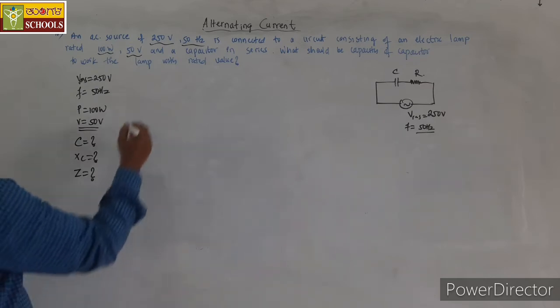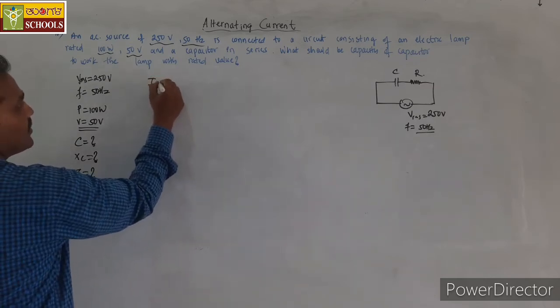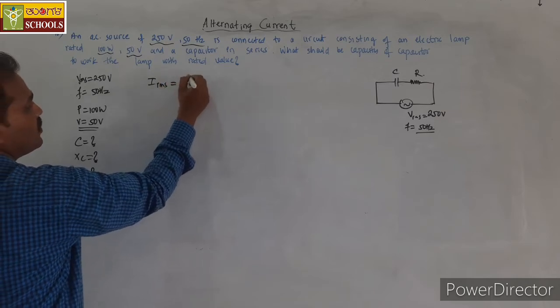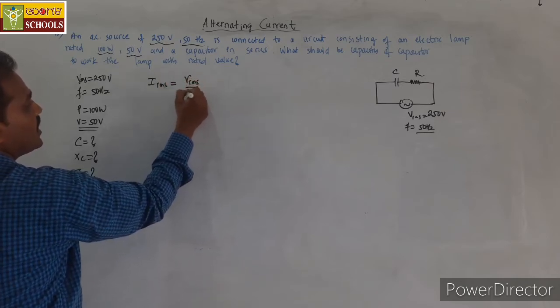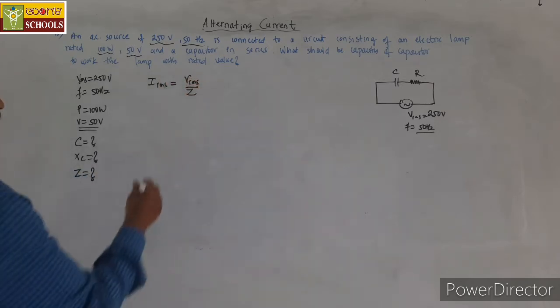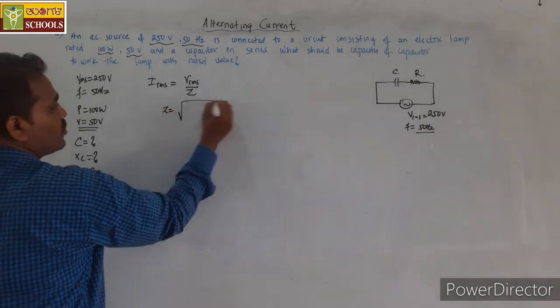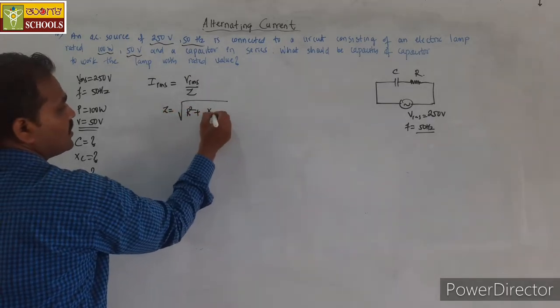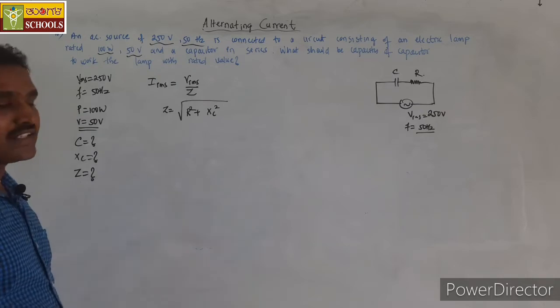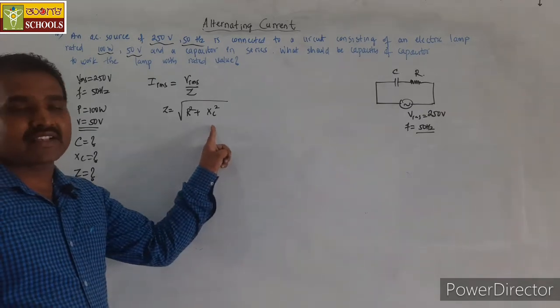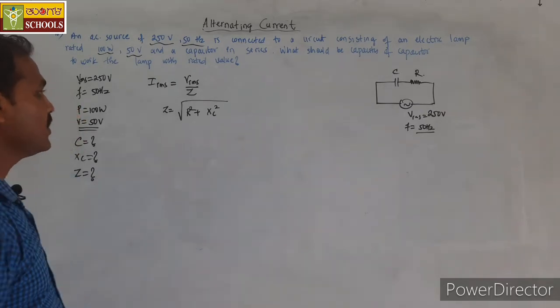So we have the equation IRMS is equal to VRMS divided by Z, and Z is equal to root of R square plus XC square. Since the inductor is not there, I can take XL is equal to 0 here.